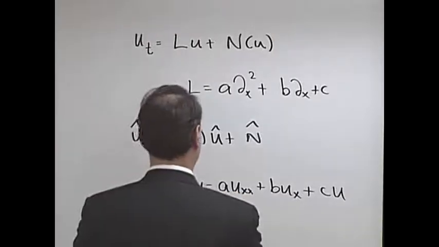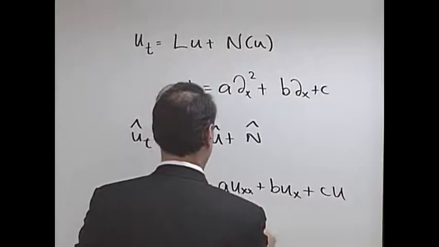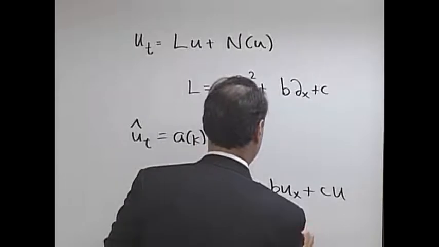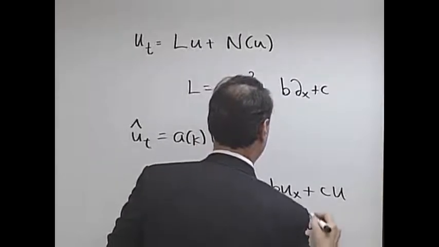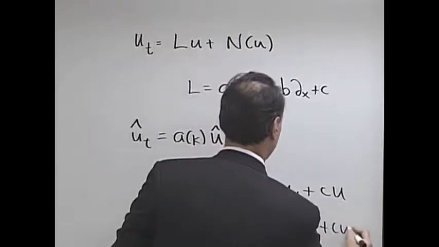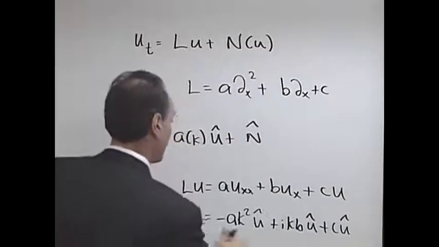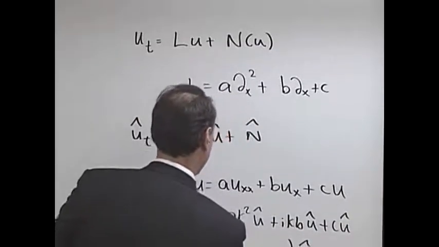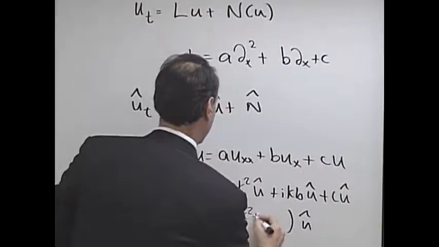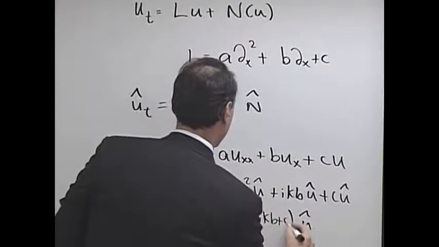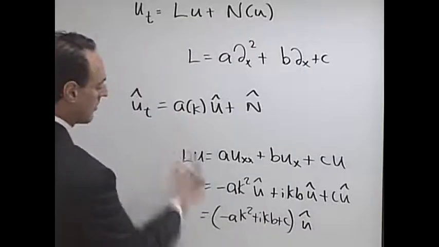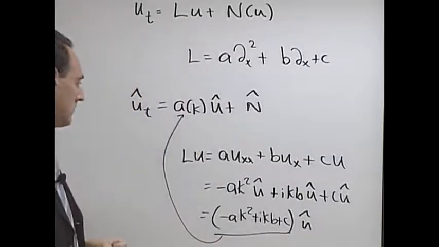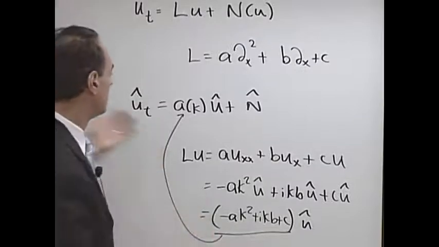So it's going to give you a minus a k squared times the Fourier transform of the function, plus ikb times the Fourier transform, plus c times the Fourier transform of u. And then if I put all that together, what I have is u hat multiplying minus a k squared plus ikb plus c. And this is what I called A of k. Okay? So there you go.